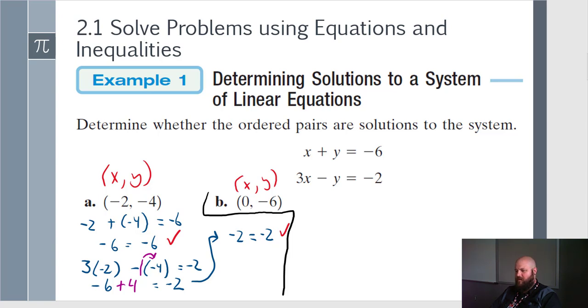So we take this and we say x plus y equals -6. So our x value is 0 plus a -6 equals -6. Well, 0 plus -6 is simply going to give you a -6. Nothing changes. It's not adding or subtracting anything. Equals -6. So both of those equal each other, so that checks off.